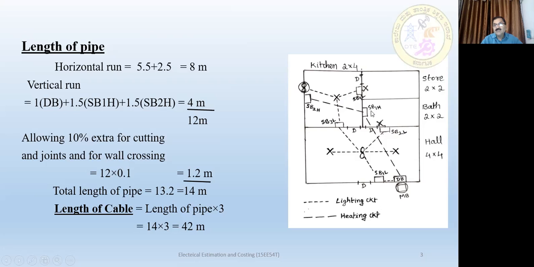I have mentioned here SB1H, that means switchboard 1 in heating circuit, and from there it runs to SB2H, the second switchboard in the heating circuit. Now we have to calculate the length of pipe from DB to these points. Horizontal run, see here from DB to SB1H, is about 5.5 meter.